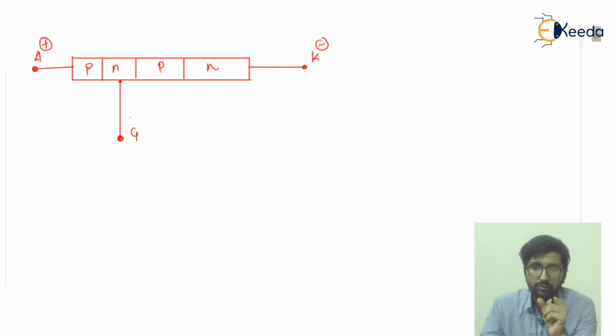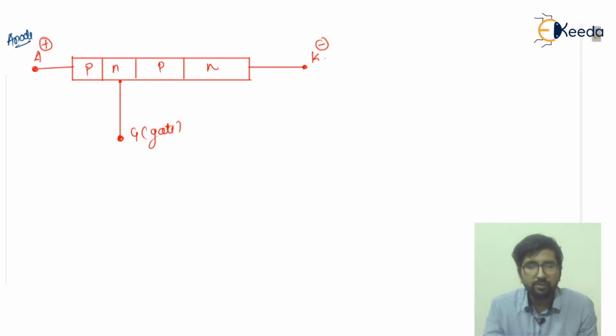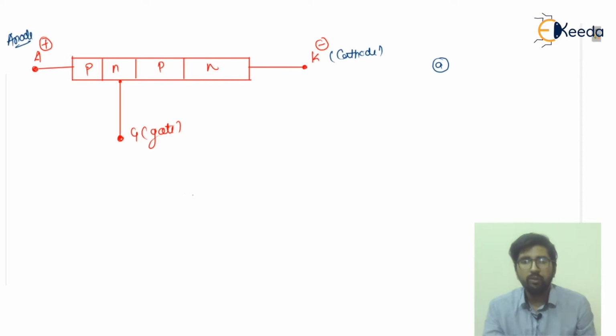These are generally used, and using the gating signal for turn-off, we generally use the GTO, that is the gate turn-off thyristor. So this G represents the gate terminal, this A represents our anode terminal, and this K represents our cathode terminal. This is the first point I can write.